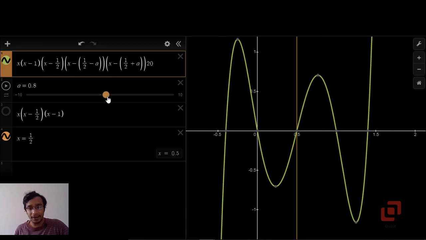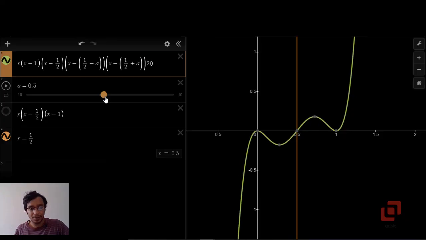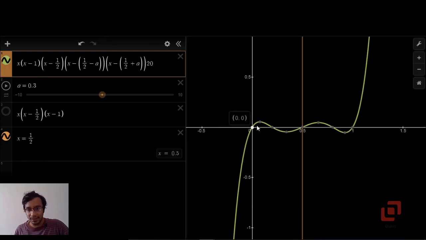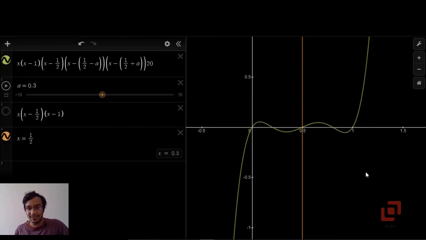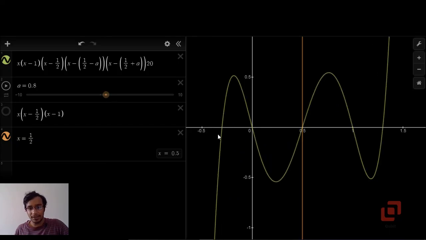And if I reduce a, currently a is 0.3, now you can see that all its roots lie inside the interval 0 to 1. So it is not necessary for the function to have all its roots inside the interval 0 to 1.